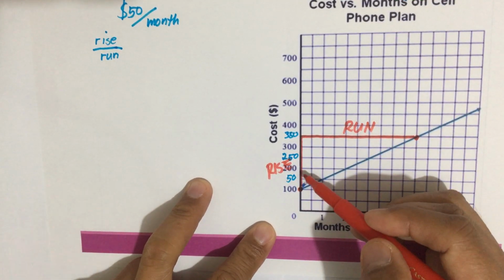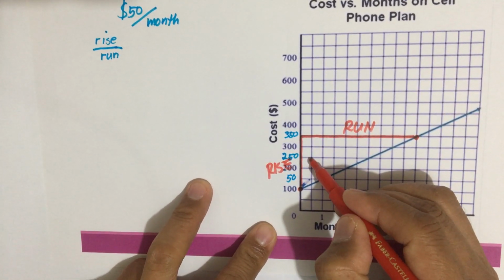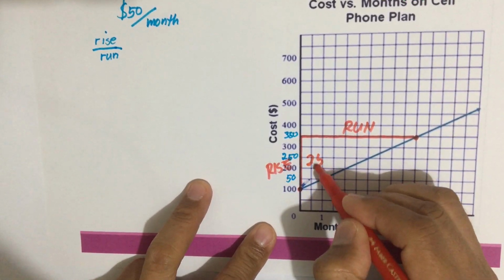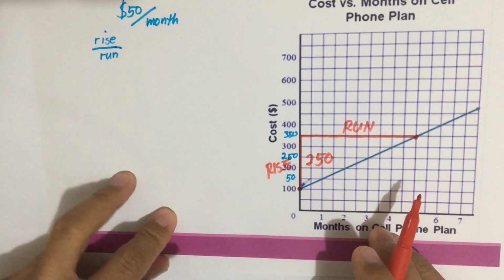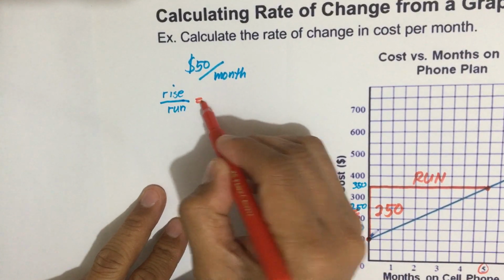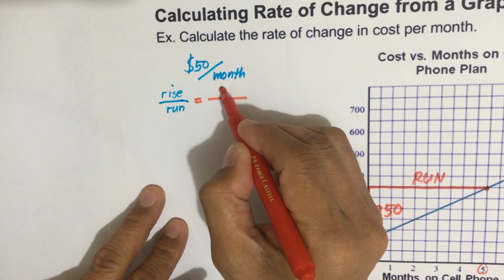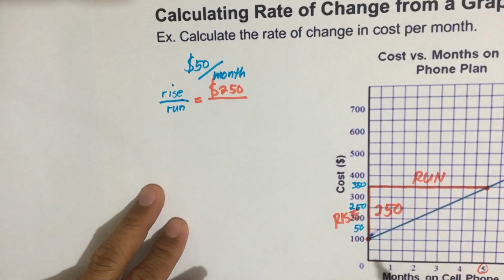So all in all, the rise is equal to 250. So this is our rise, 250, and this is in dollars.